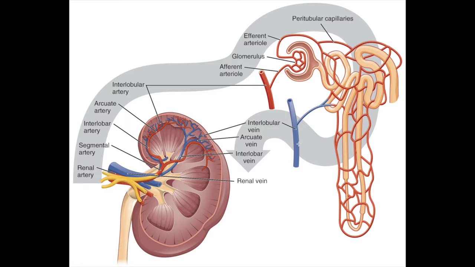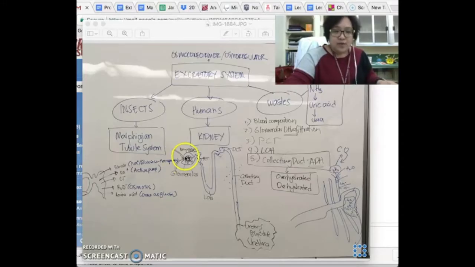Both oxygen and glucose are needed for cellular respiration. So less oxygen, slightly less glucose, and higher CO2. And then it will have a more constant amount of water and a more constant amount of salt. So make sure you memorize in a table form the difference between the composition of the renal artery and the renal vein.